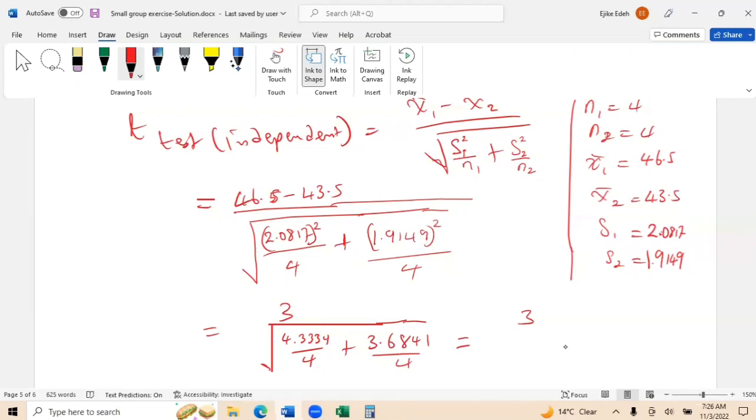The square root of the first part, which is 4.3334 divided by 4, that gives us 1.0834 plus 3.6841 divided by 4. That gives us 0.9210.